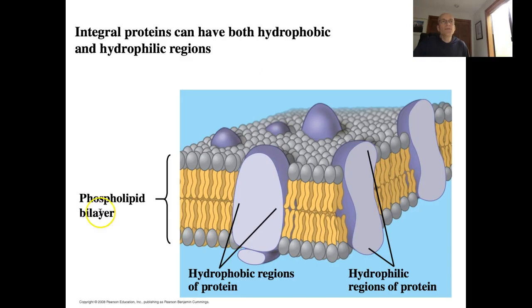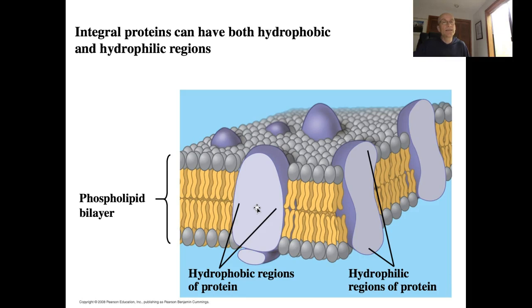If you think about these proteins, if they have to go through the phospholipid bilayer, then they must have hydrophobic regions within the protein that allow them to do that. And if you think back to the amino acids, when we talked about those, we said there are all these different types of amino acids that have different R groups, some of which are polar and some of which are non-polar.